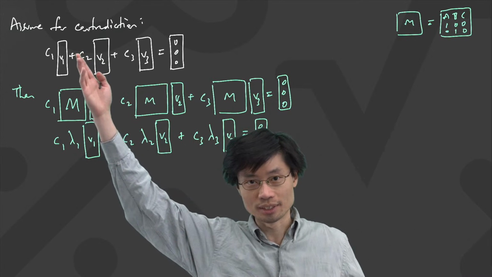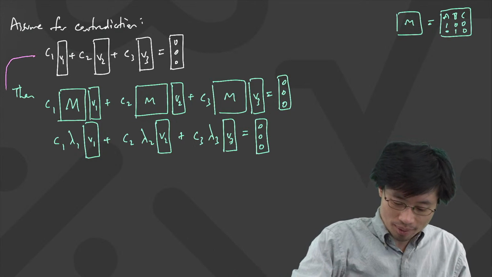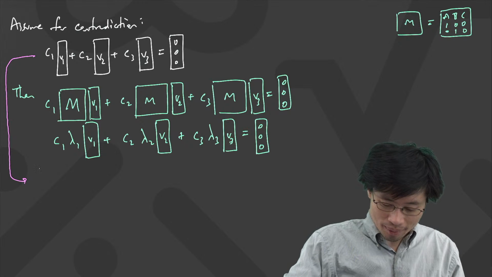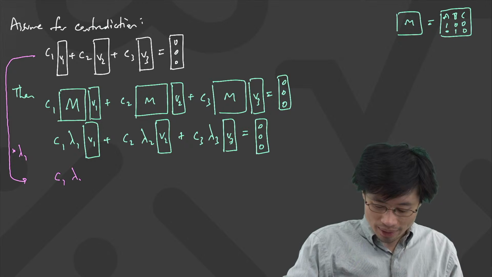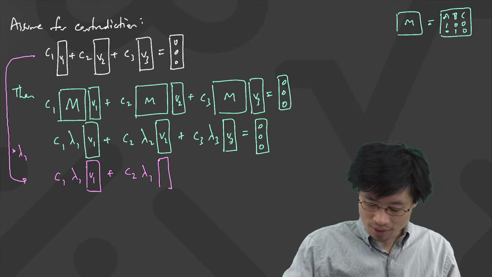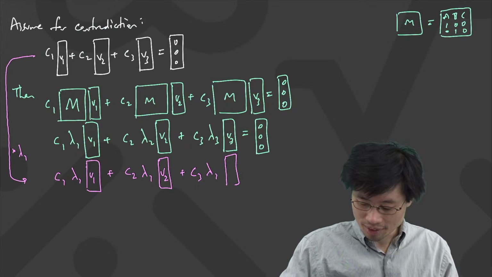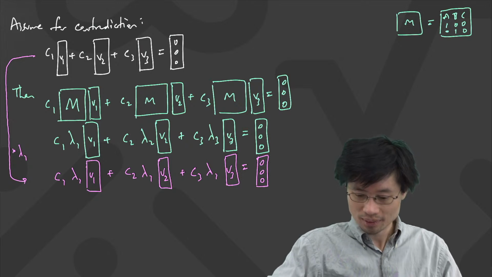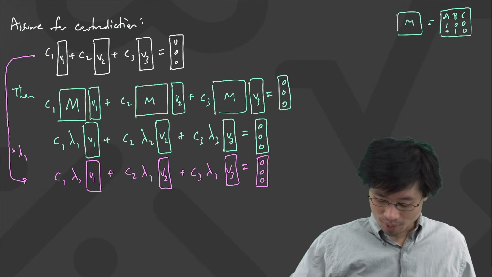If I assume this for the sake of contradiction, let's take that first equation and multiply both sides by lambda 1. Then I get C1 lambda 1 times the vector V1 plus C2 lambda 1 times V2 plus C3 lambda 1 times V3, equal to 0, 0, 0. Now you wanted to subtract to get rid of this lambda 1 V1 stuff.